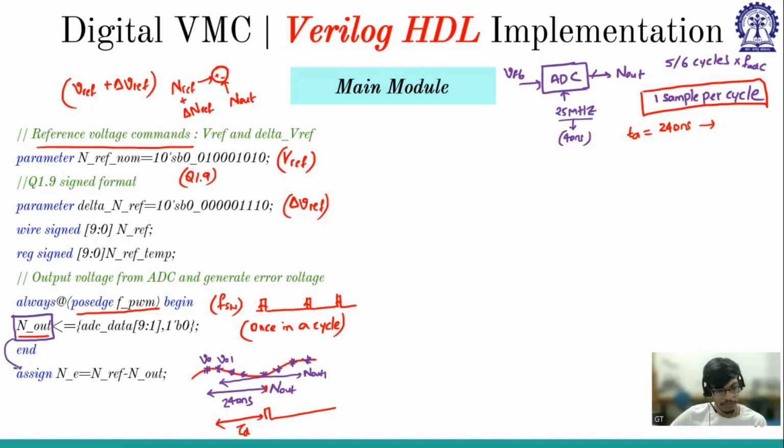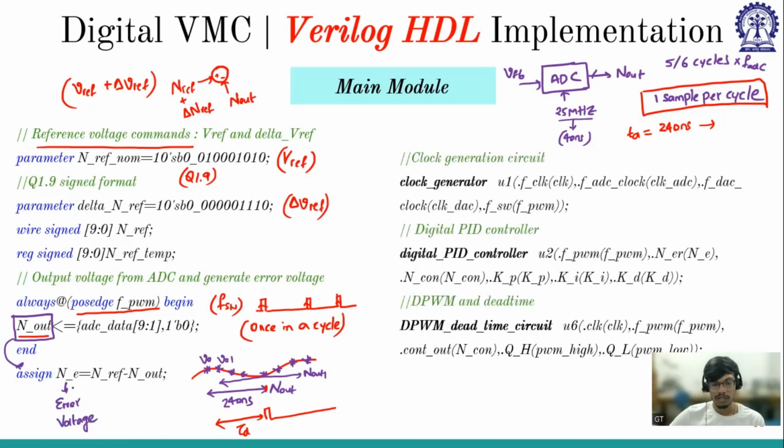and then using this assign statement, SAR is getting the error voltage, which is N reference minus N out. Can you elaborate on the N out statement? The ADC data is 10 bits, but here we are taking only 9 bits and concatenating with the last bit as 0.